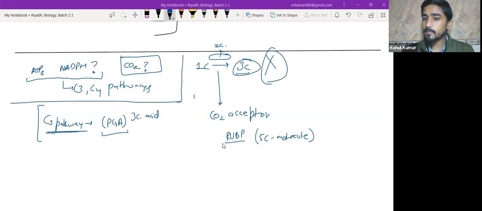Write down the full form of RuBP: ribulose 1,5-bisphosphate. This is our entrance question also, the CO2 acceptor, ribulose 1,5-bisphosphate.